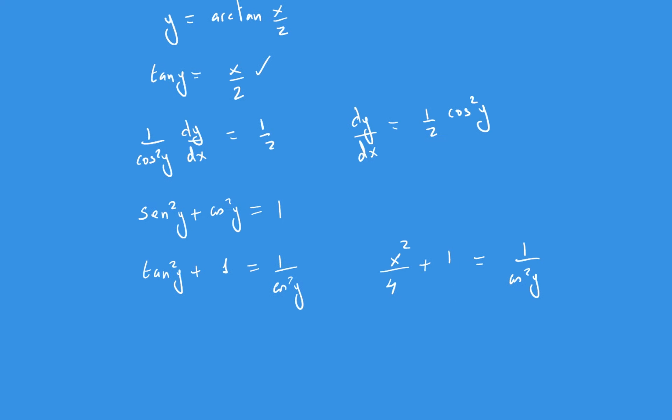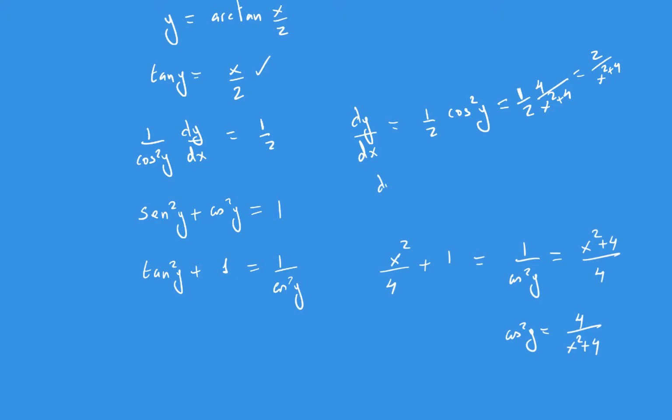So 1 divided by cosine square of y is equal to x squared plus 4 divided by 4. Then cosine square of y is 4 divided by x squared plus 4. So the derivative will be 1/2 of 4 divided by x squared plus 4, or what is the same, 2 divided by x squared plus 4.